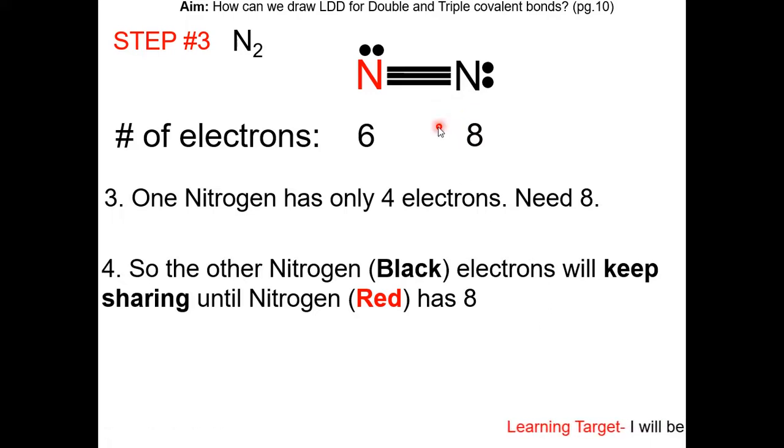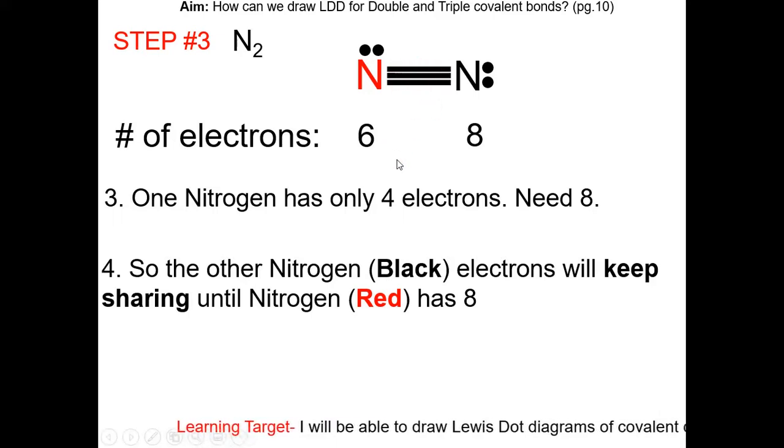Now there's a triple bond between the 2 nitrogens, so let's count again. This red nitrogen has 1, 2, and is sharing 1, 2, 3, 4, 5, 6, so the total is 8. So now each nitrogen has fulfilled the octet rule.